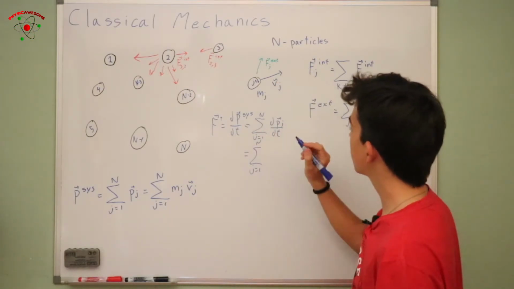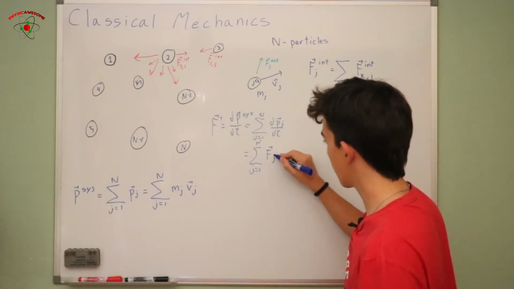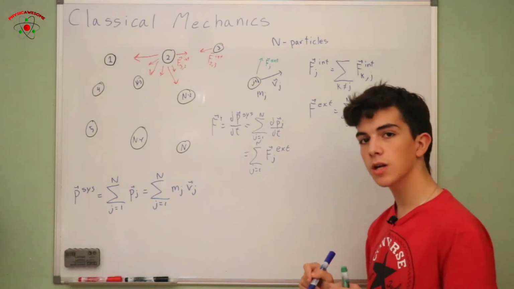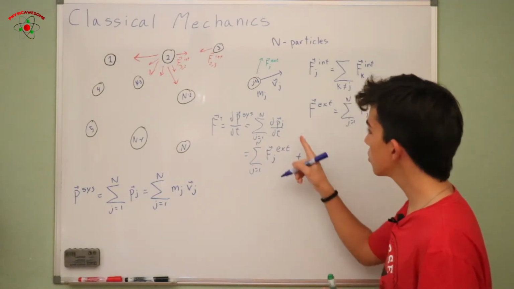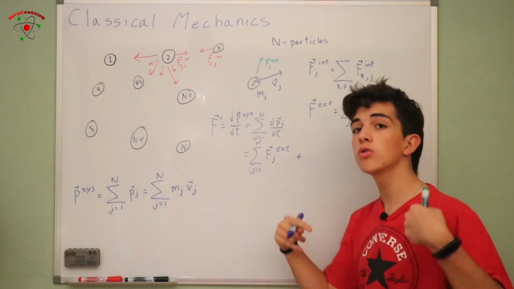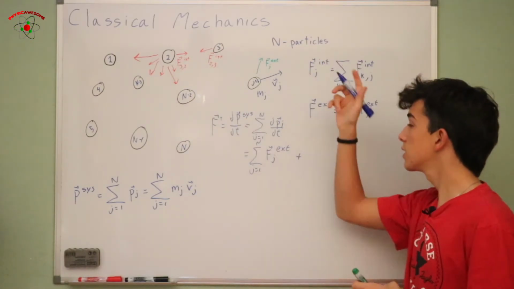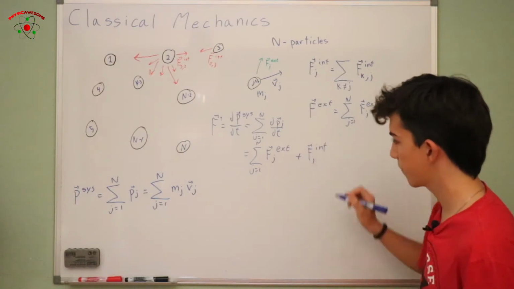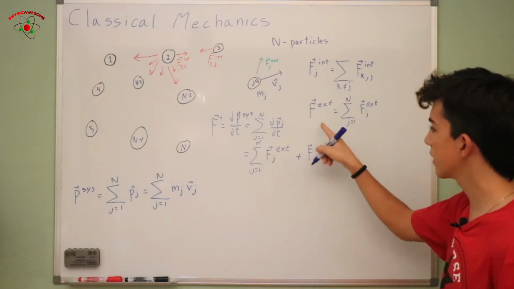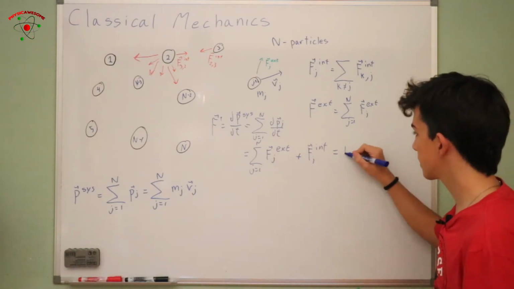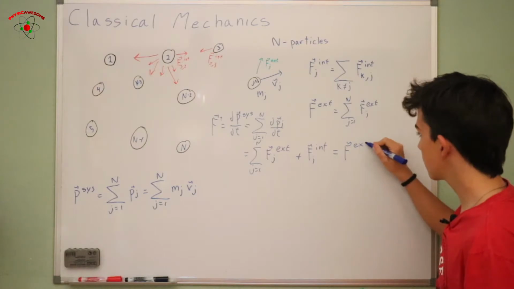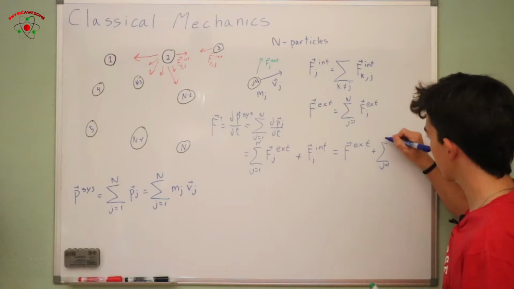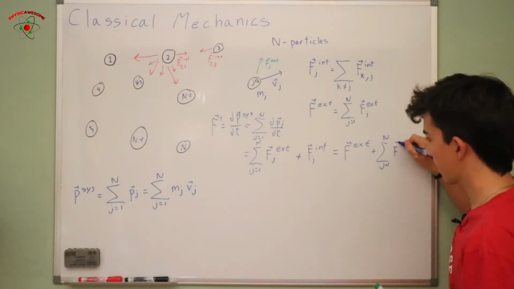So you have F_j external, which is this component we calculated over here, and you also have the change in momentum due to the internal forces, that is going to be F_j internal. We have already calculated the first quantity, that is F external, but we have yet to calculate this sum over here of internal forces.